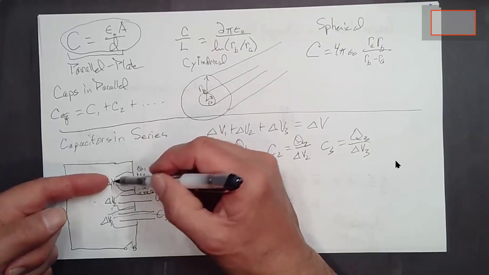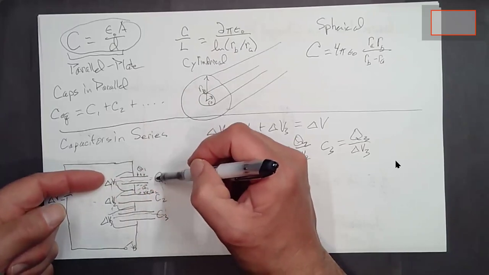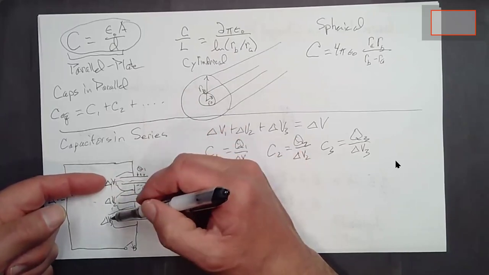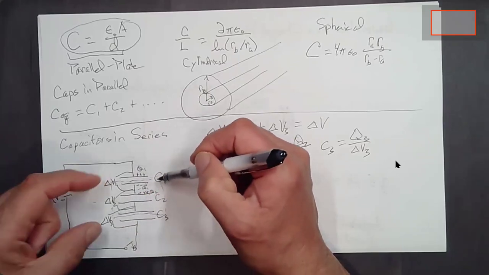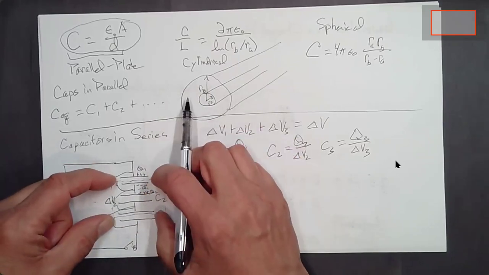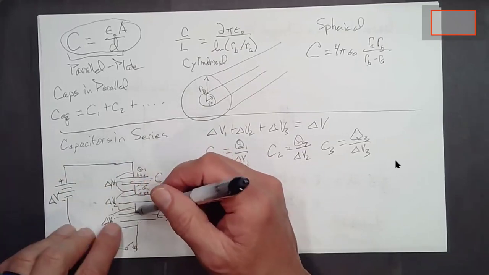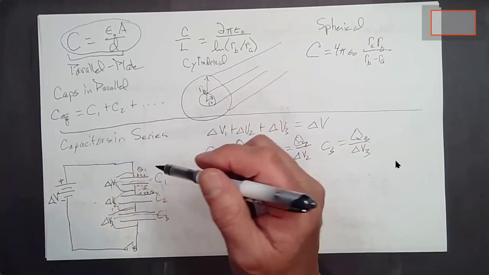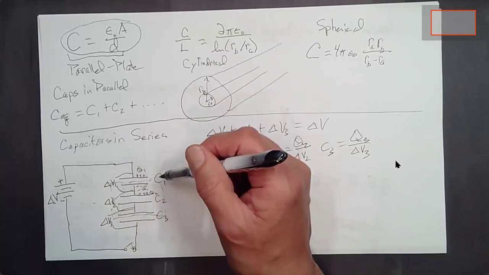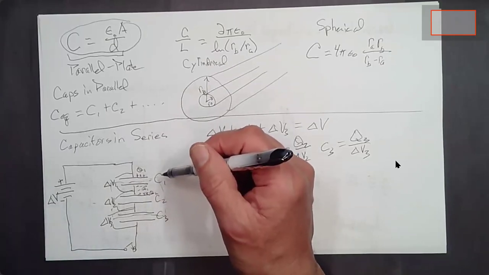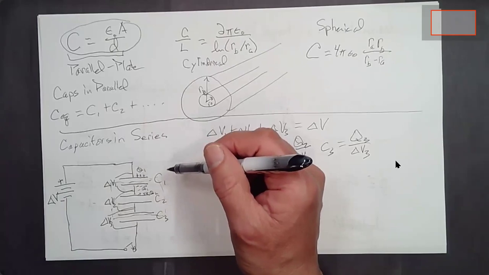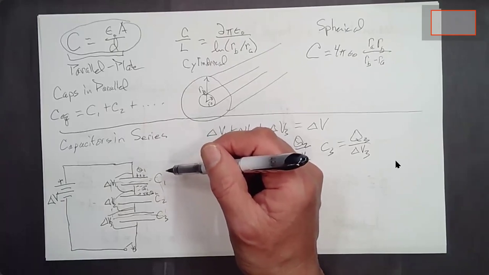If I draw a line through the middle of capacitor 1 and through the middle of capacitor 3 and then connect those things, all of that stuff is divorced from the battery. There's an air gap between those things, and you don't get current flow across an air gap unless you're experimenting with the photoelectric effect, which we're not.